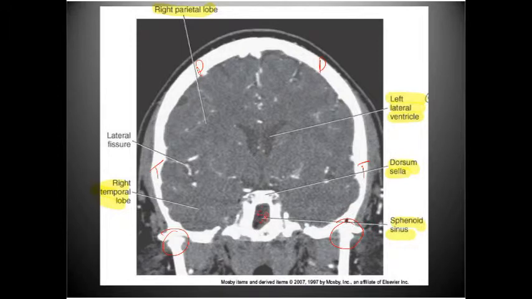And then we have the sphenoid sinus here. Just slightly above, or superior, we have the lateral ventricles, and the frontal horn of the lateral ventricles. And then this area in between is the septum pellucidum.